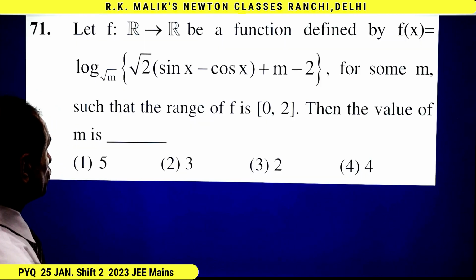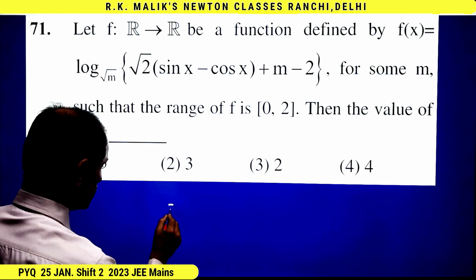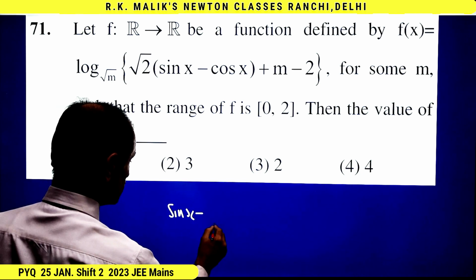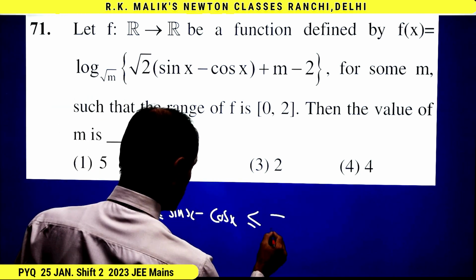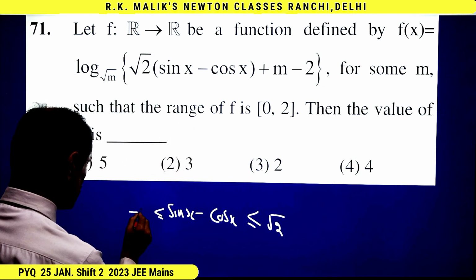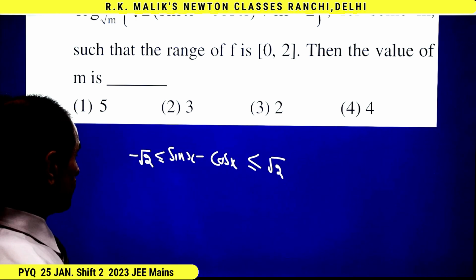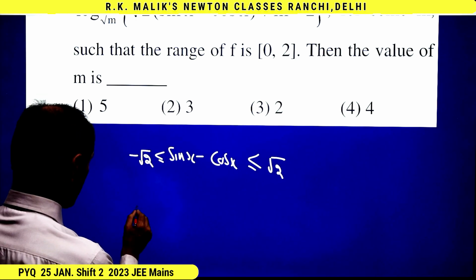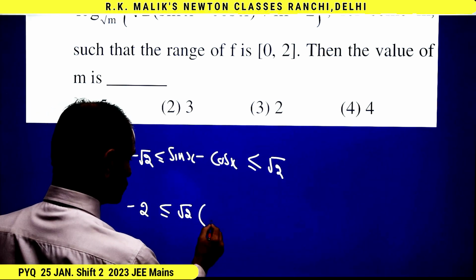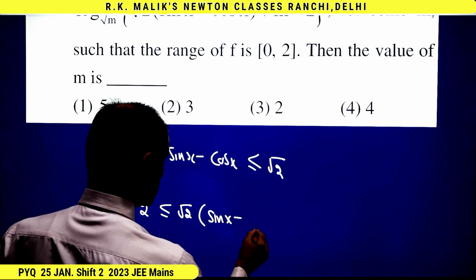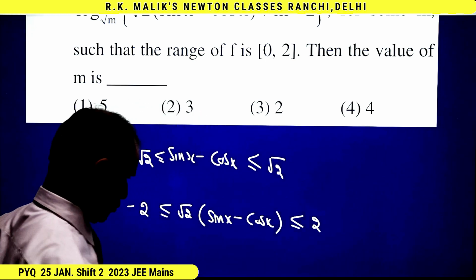And now to find the range of this function, it is clear that sin x minus cos x lies between root 2 and minus root 2, and multiplying by root 2 I get minus 2 is less than or equal to root 2 into sin x minus cos x less than or equal to 2.